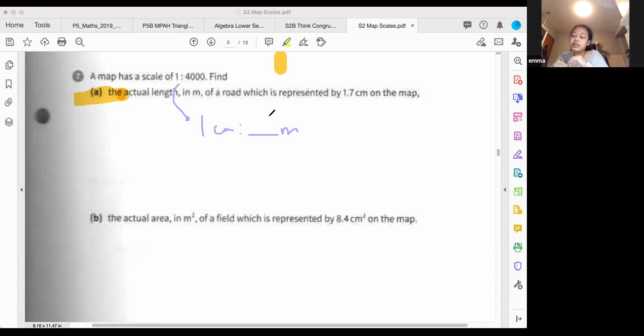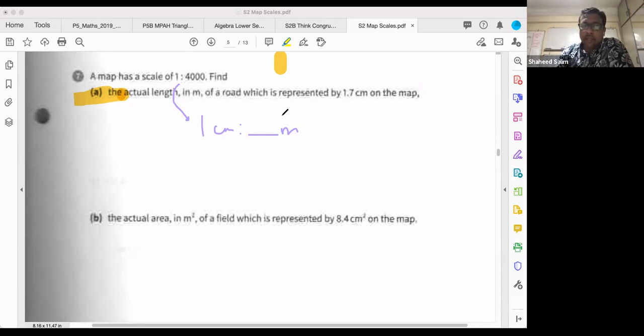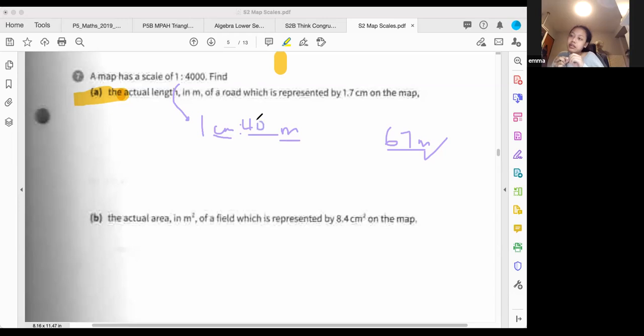1.7 to 68. Okay, so this one is to 68, correct. But what is the scale? Correct. Okay, you got the answer for A. But can you give me the scale now in cm to meter? What is it down here? Okay, good. Now this is for length.